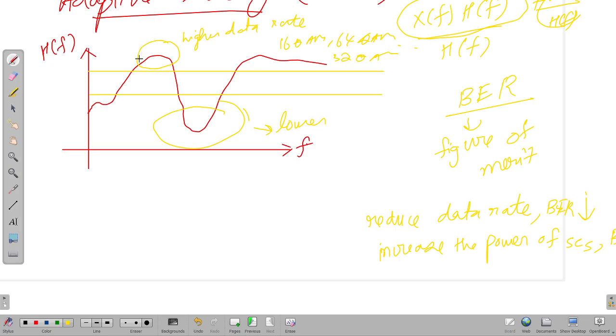So these subcarriers are modulated by QAM using a higher order constellation. And these areas are modulated by a QAM which has fewer symbols, a lower order constellation. The reason being, if you have a lower order constellation, then even with the effect of noise, it will be easier for you to estimate the symbol.